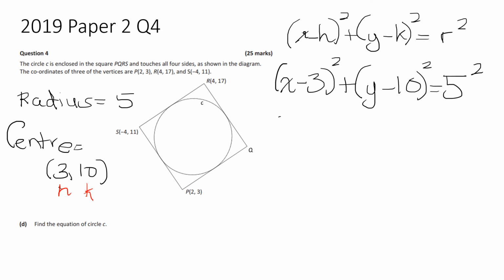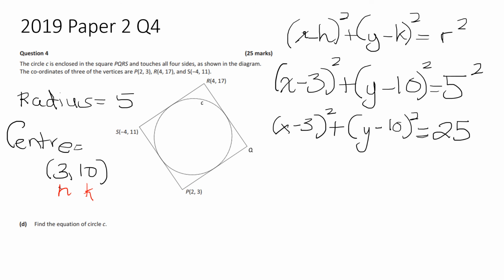And the good news is you don't need to expand these brackets here. So x minus 3 to be squared plus y minus 10 to be squared is equal to 25. And that is your equation of the circle C then.